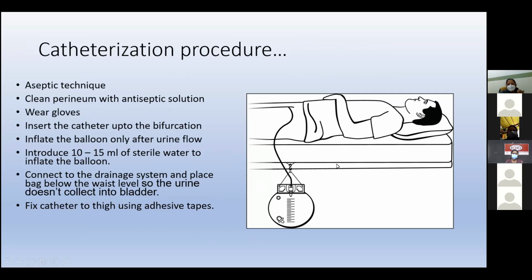Okay, so this part should be taught to the patient's relative, because many times what happens is that you will find the urobag in between the legs. Okay, and the patients will complain of abdominal pain because the urine is not draining properly. Okay, many times the catheter gets kinked, and so there will be a problem.